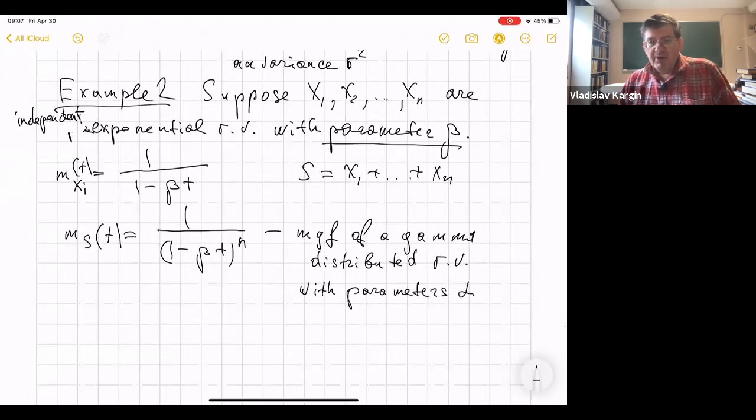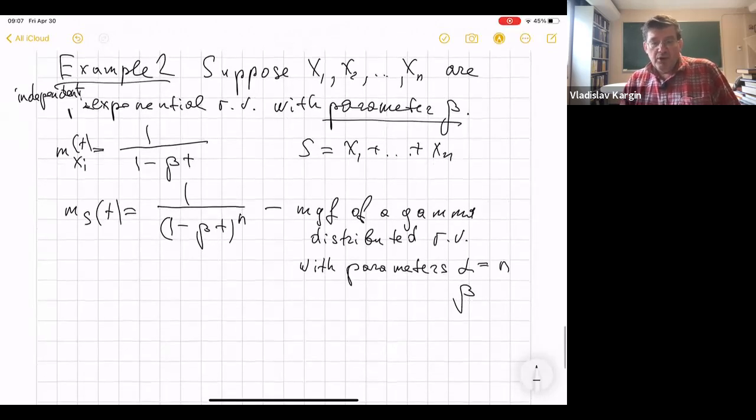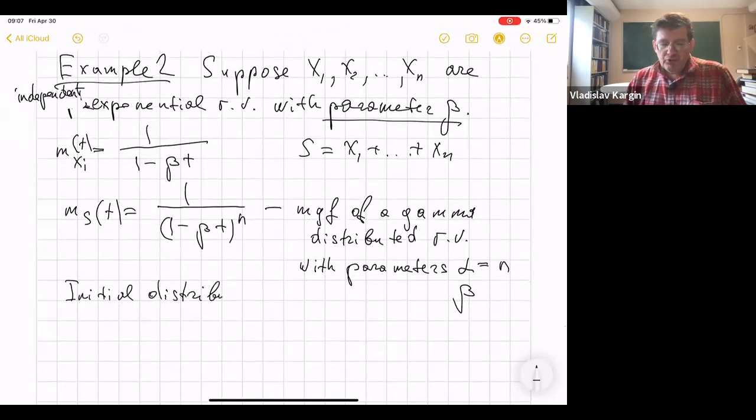In this case gamma depends on two parameters. One of them is alpha, and this parameter alpha should be set to n. And beta is equal to beta, so the parameter beta will be the same as here. So we know the initial distribution.